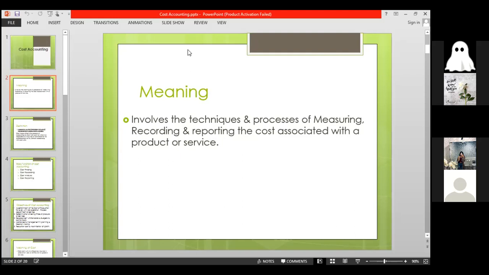Okay. Good morning, guys. What we looked at yesterday was the introduction to management accounting. Today we are moving to the introduction to cost accounting.